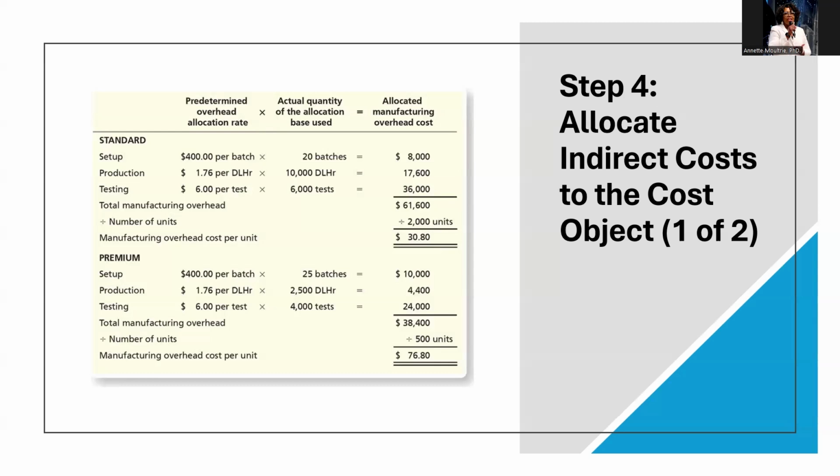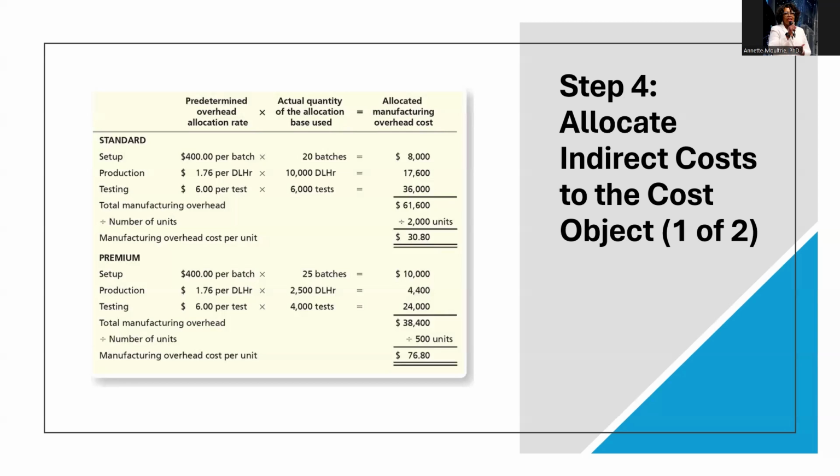So here you see the standard tablets, and then the premium tablets. Predetermined overhead allocation rate times actual quantity of the allocation base used is equal to the allocated manufacturing overhead costs.